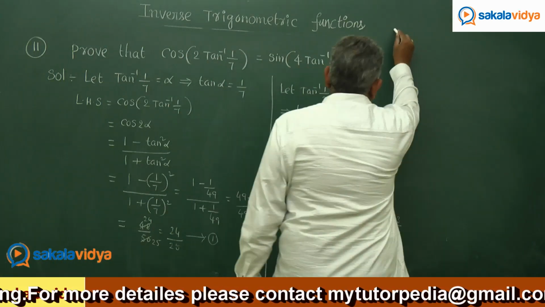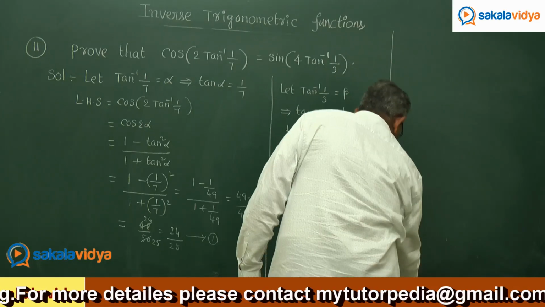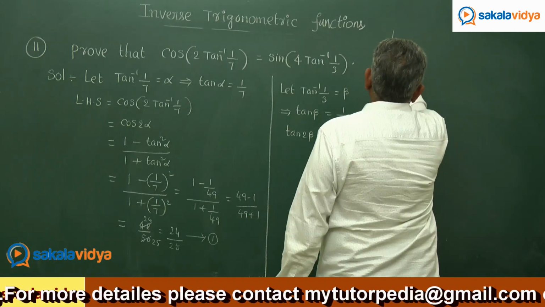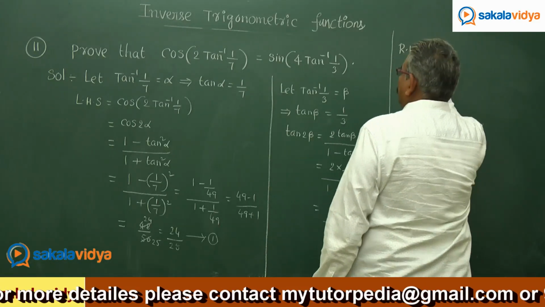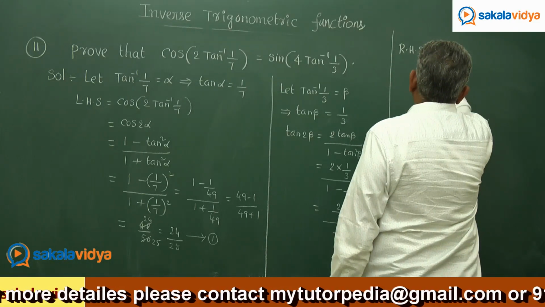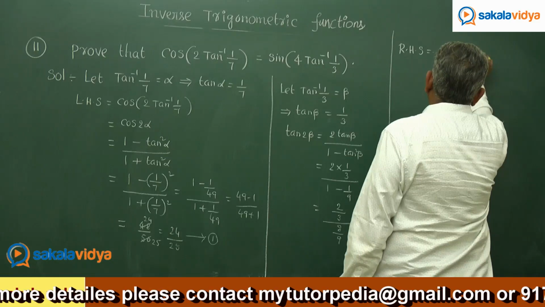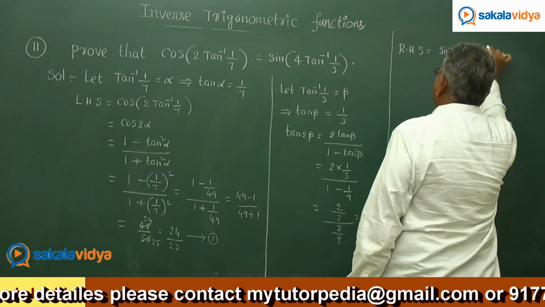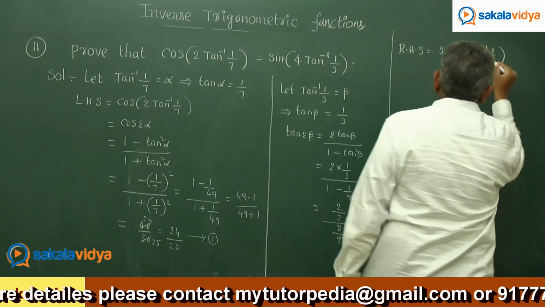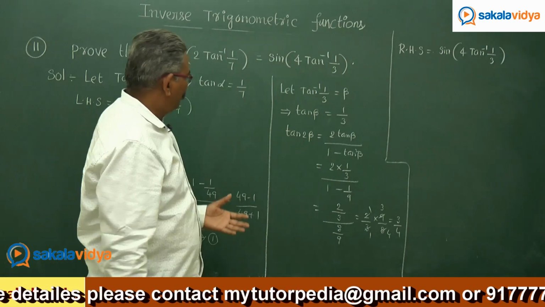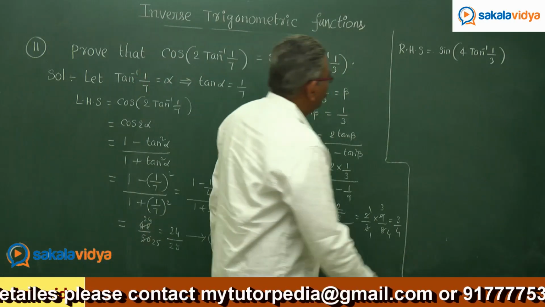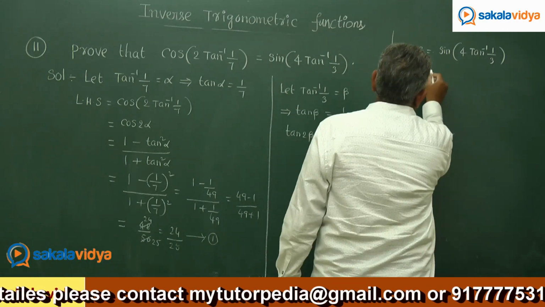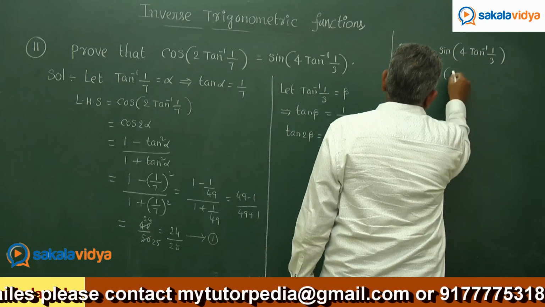So now consider RHS. What is RHS here? Sin of 4 tan inverse 1 by 3. So as we have tan inverse 1 by 3 is beta, this can be written as sin of 4 beta.